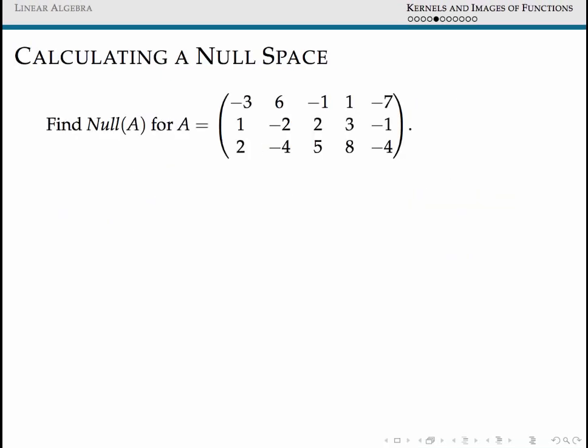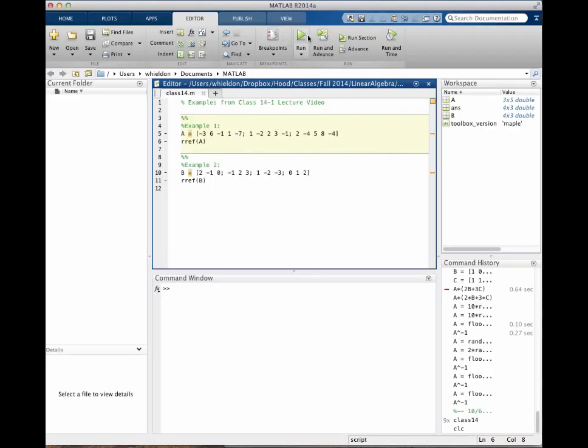Let's see computationally what we're going to do. So if we wanted to find the null space of a matrix, our goal, if we start with, let's say, this matrix A here, is to calculate the null space. Our first step is going to be to row reduce A. If you look, I've entered our matrix A into this, so let's run it.